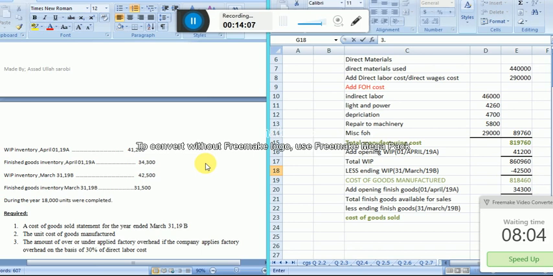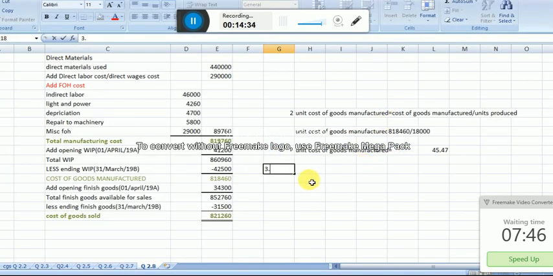The company is thinking that 30% of the direct labor will be the factory overhead cost. But how much is our actual cost?